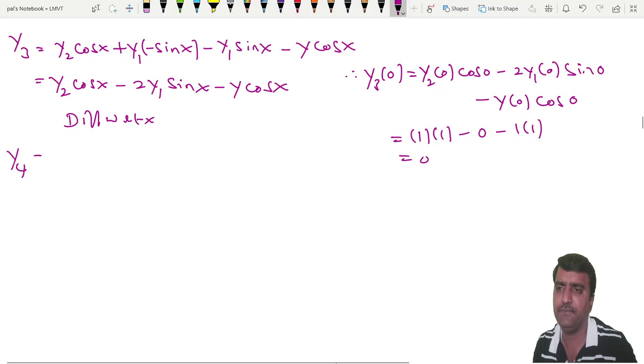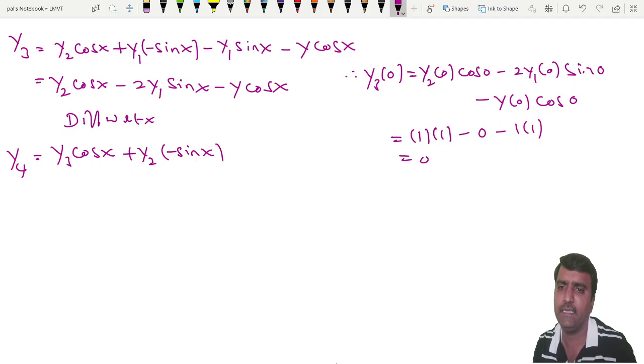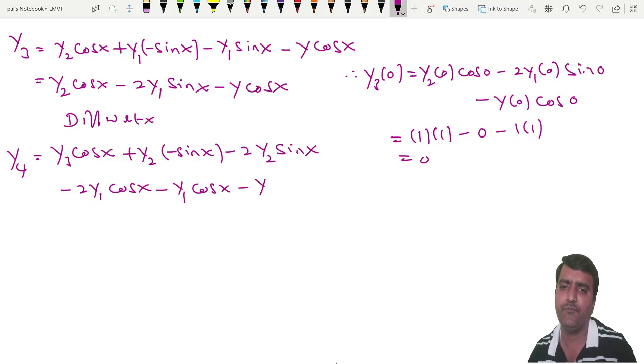Differentiation of y3 is y4, which is equal to differentiation of y2 is y3, cos x, keep as it is, plus y2 into differentiation of cos x is minus sin x, minus 2 into differentiation of y1 is y2 into sin x, minus 2y1 into differentiation of sin x is cos x, minus y differentiation is y1 into cos x, minus keep y as it is, differentiation of cos x is minus sin x. So you can simplify this.